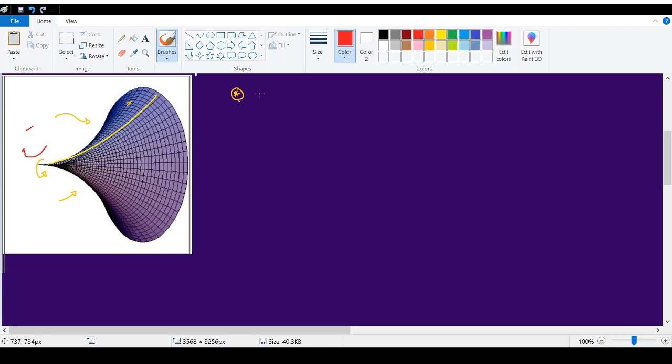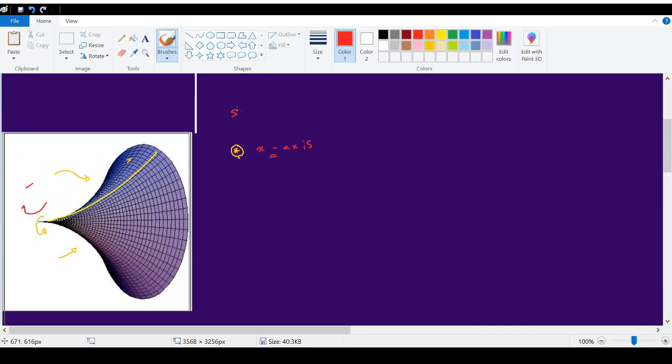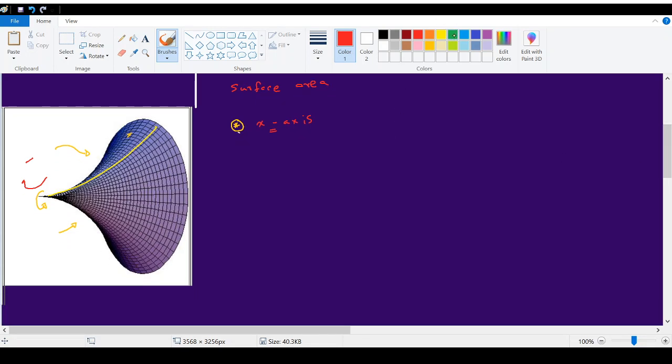So depending on the axis of rotation, you have two different formulas. And what I mean by the formula is the formula for the surface area.